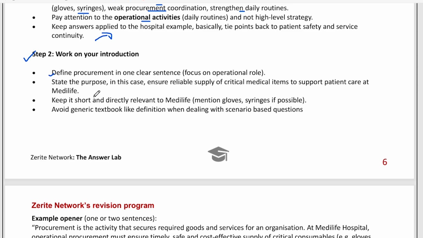And then state the purpose, in this case to ensure reliable supply of critical medical items. Because you could define procurement and say its purpose is to deliver agriculture, but in this case, it's medical. Keep your answer short and mention the problems that are there. So don't just copy paste things that you read in one of those big books and then sound like a machine.